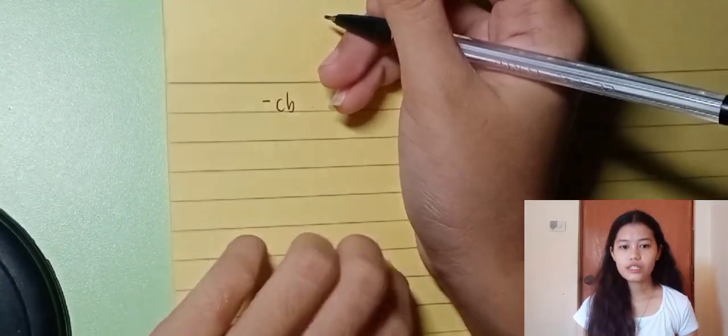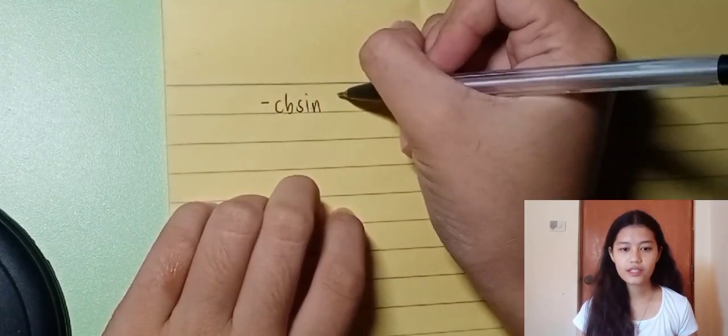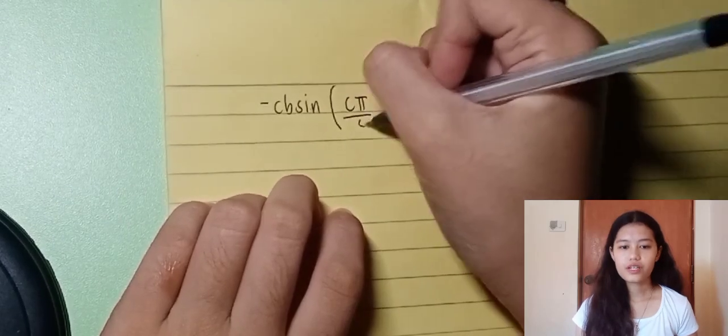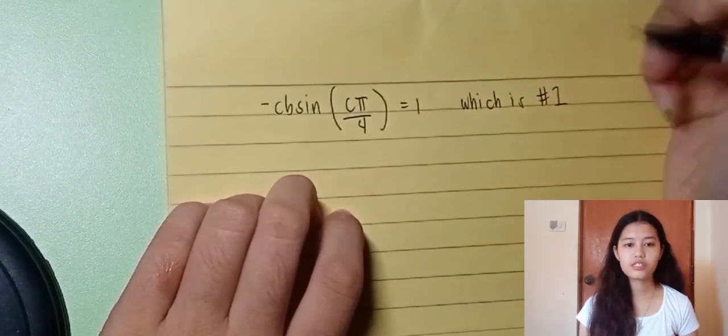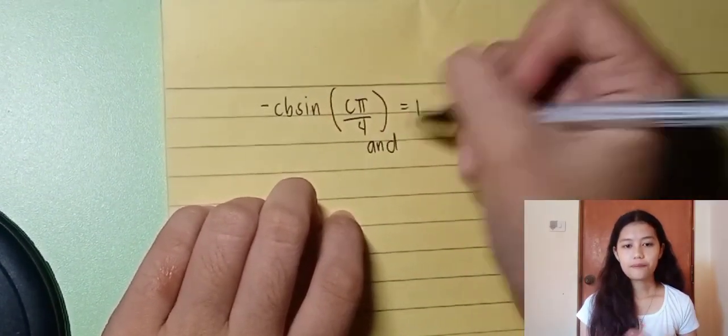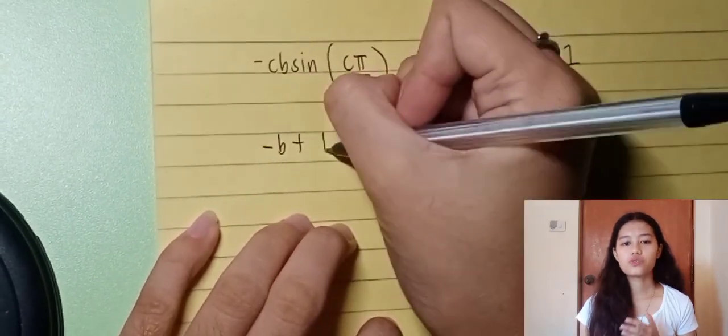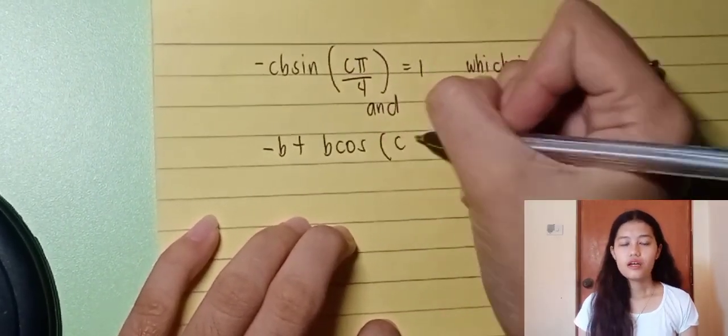So number 1 is -cb sin(cπ/4) = 1, and number 4, -b + b cos(cπ/4) = 1/2.